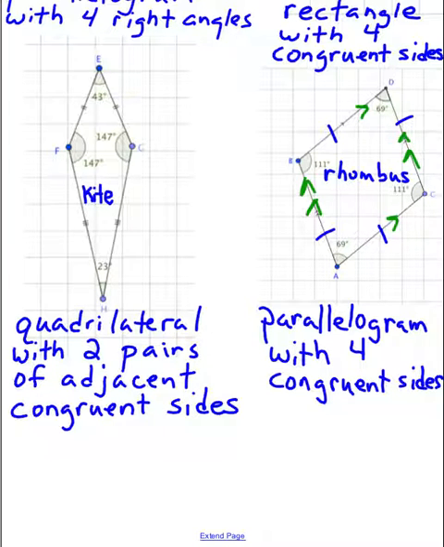Like this one is adjacent, or next to its partner congruent side, and these two are adjacent and are both congruent. So you cannot have these opposite angles being congruent. If they were congruent, it would be a parallelogram. But these two are congruent. So make sure you know that word adjacent.